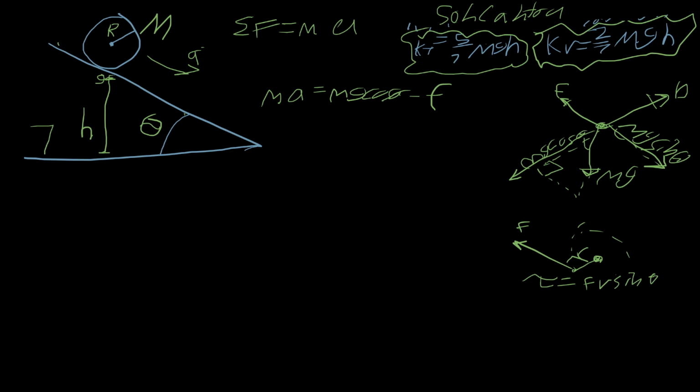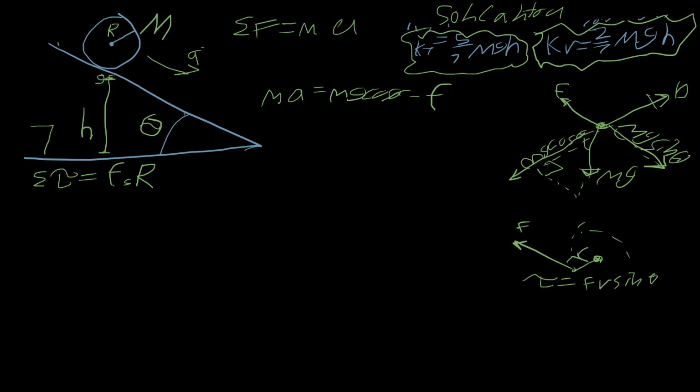So we're gonna do it down here. So we write the sum of the torques equals the friction force, which is what we want to substitute out. This is going to be static, right, because it's not slipping, times the lever arm, which is just radius r.